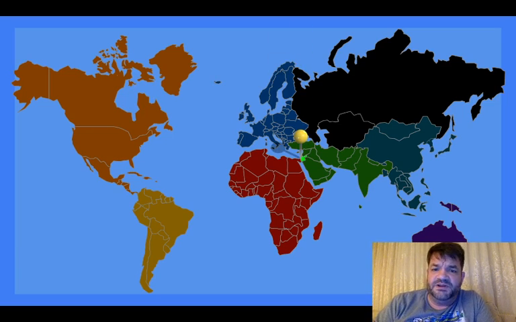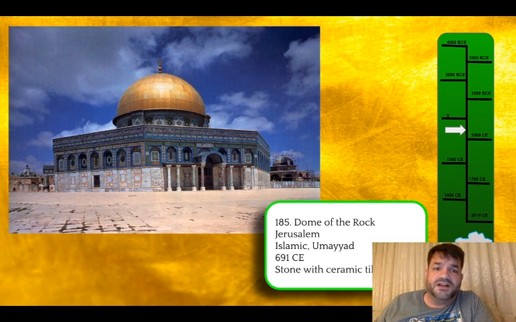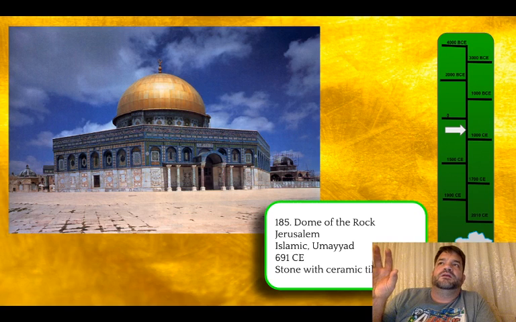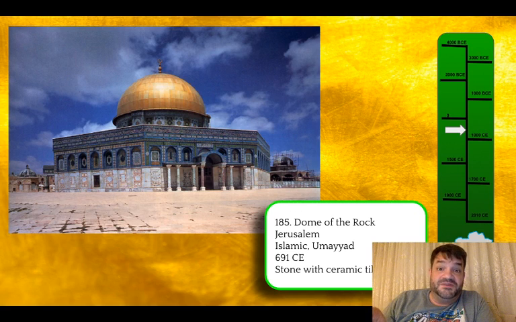Now, the next place that we're going to be going is the Dome of the Rock in Jerusalem. Now, this is an octagonal building that was built to house... Okay, back up. When we talked about the beginnings of Islam, we talked about the night journey when Muhammad was transported and flew from Mecca to Jerusalem all in a night.